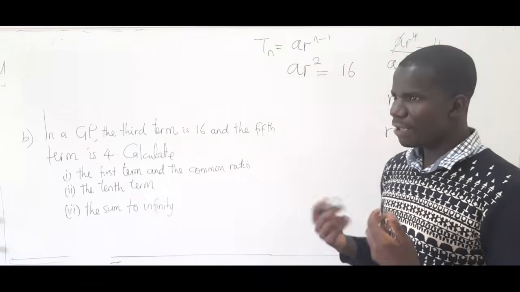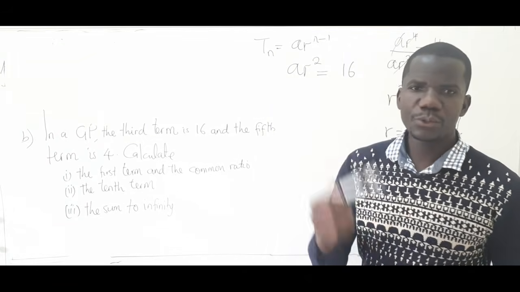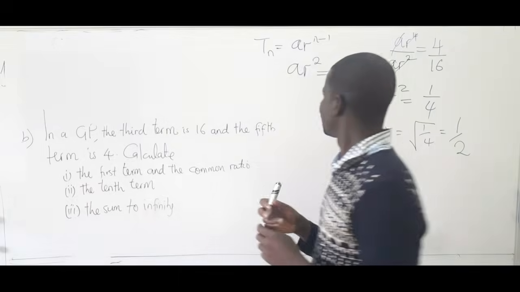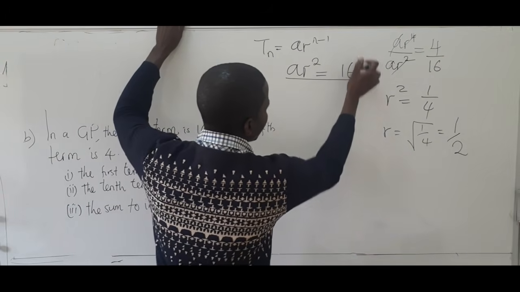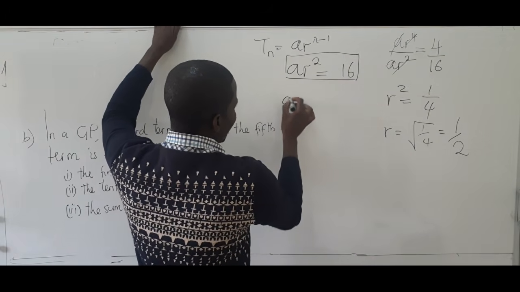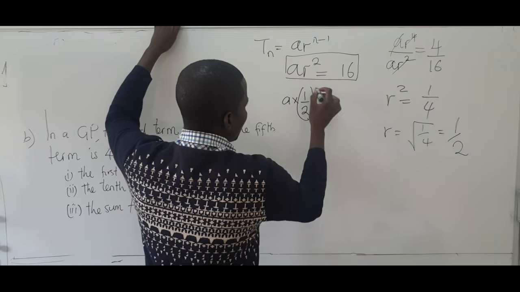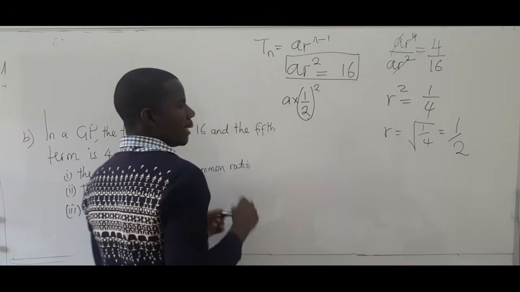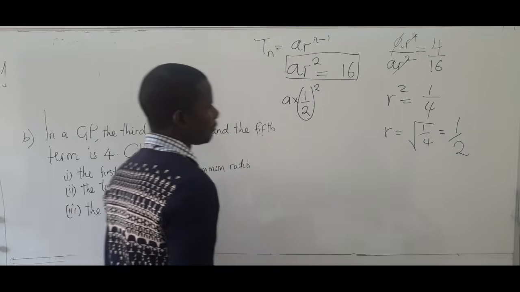Okay? So having found the common ratio, we can use one of these two equations to find the first term. If we want to use this one, we can say A multiplied by 1 over 2. Take note, this one here could be negative or positive.